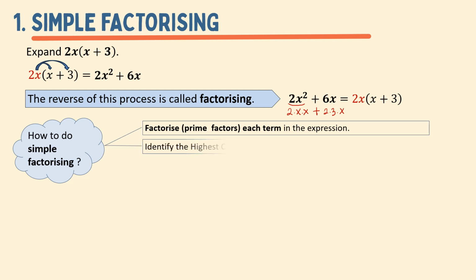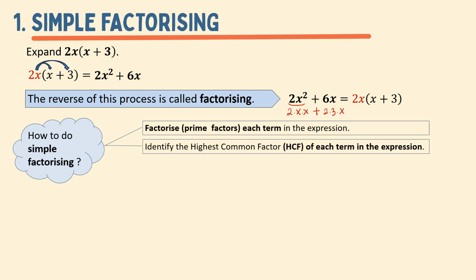So let's move to the next step. The next step is identify the highest common factor of each term in the expression. So let's find the highest common factor by finding the common factors first. Can you find the common factors between these two terms? Yes, they are 2 and x.